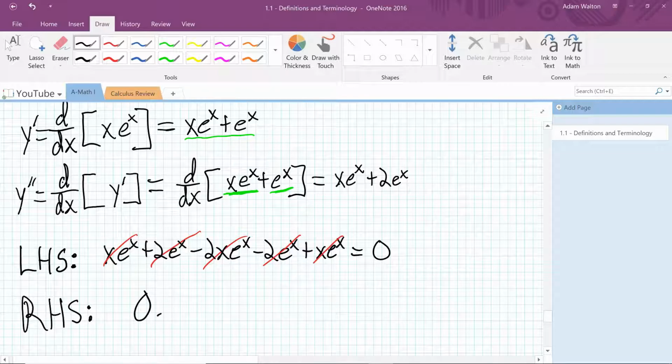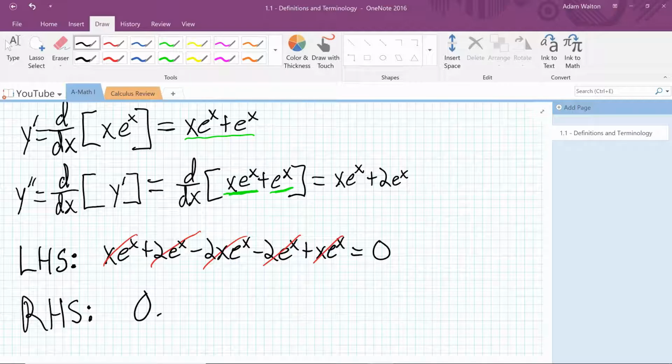We've used this substitution that has reduced this down to a 0 equals 0 identity. The left-hand side equals the right-hand side. So this shows that on our interval negative infinity to infinity, our solution function y equals x e to the x is, in fact, a solution on that interval.